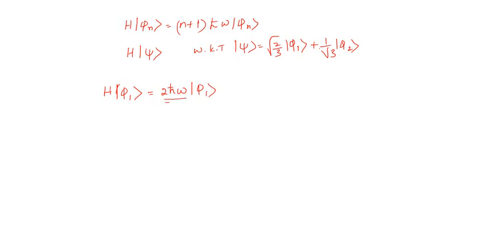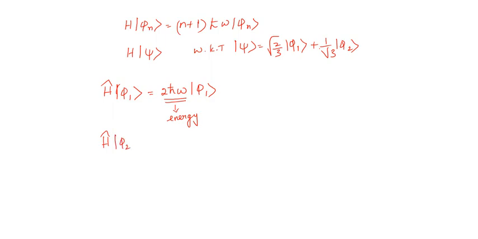What is this? Eigenvalue, or energy. The Hamiltonian operator operating on the wave function gives energy times the wave function. So 2 h cross omega is the energy of the wave function phi 1. What about phi 2?